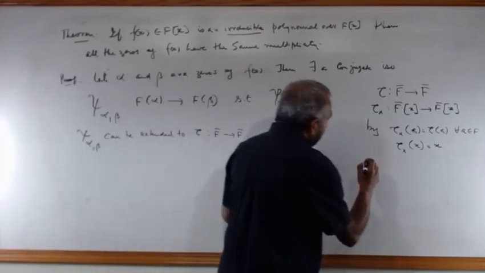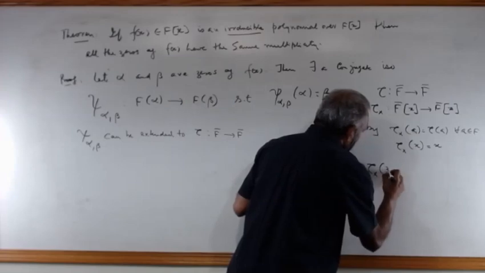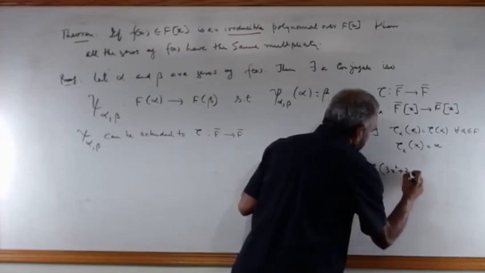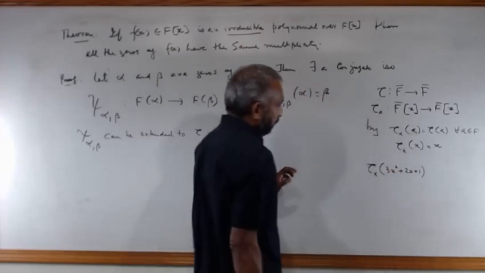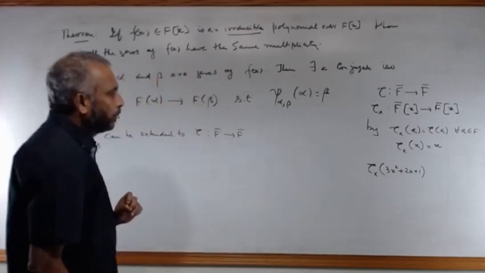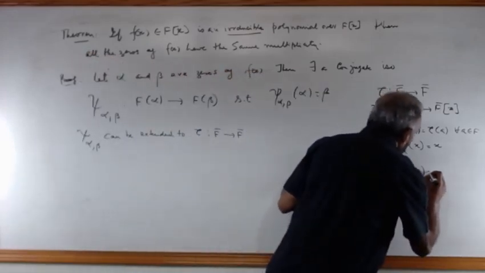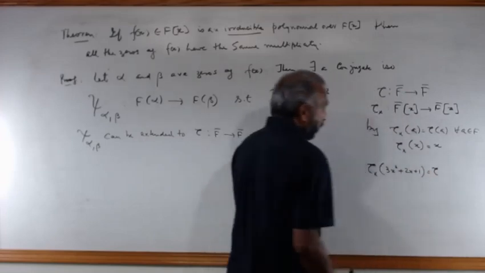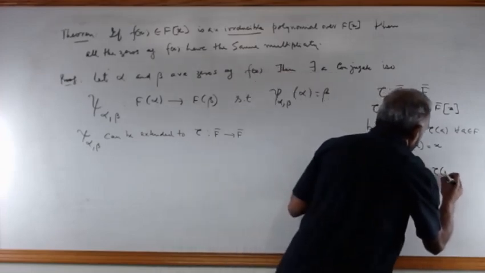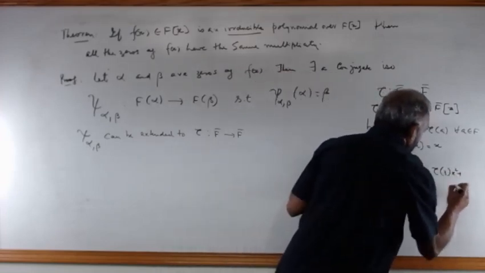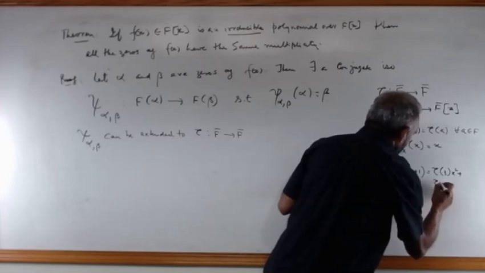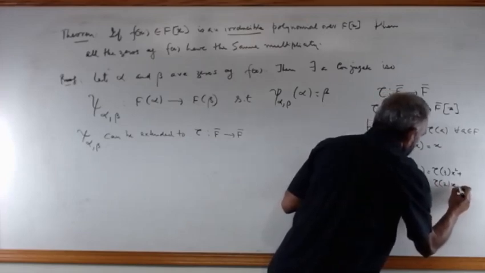So for example, the Tx of 3x square plus 2x plus 1 is equal to tau of 3 times x square plus tau of 2 times x plus 1.